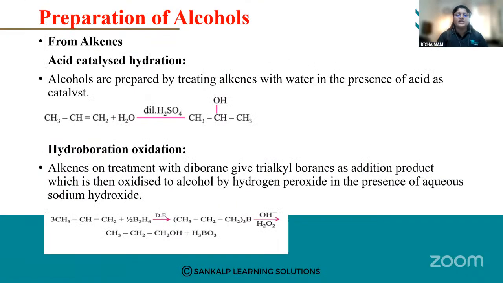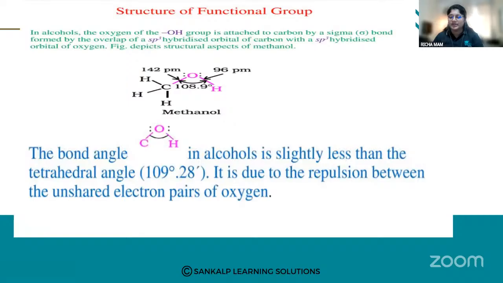Then we also discussed the structure of phenol. How do we explain the structure of phenols? The OH group is attached to the aromatic ring. I'll write down the structure here.